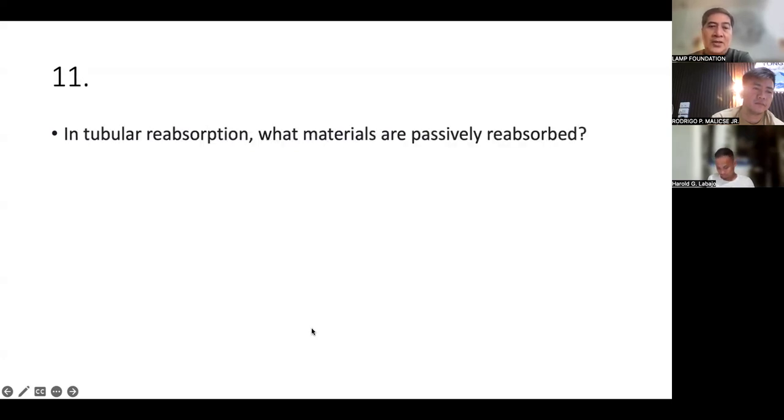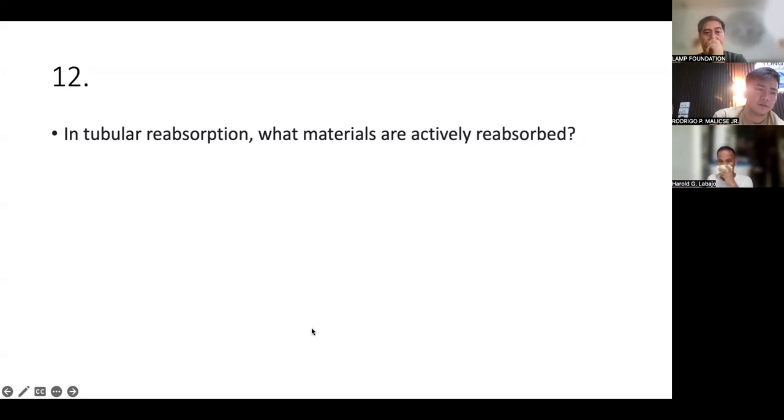In tubular reabsorption, what materials are passively reabsorbed? Water, 99.3% or 178.5 liters per day, is passively reabsorbed by osmosis, and the anions, or the chloride, are passively reabsorbed.